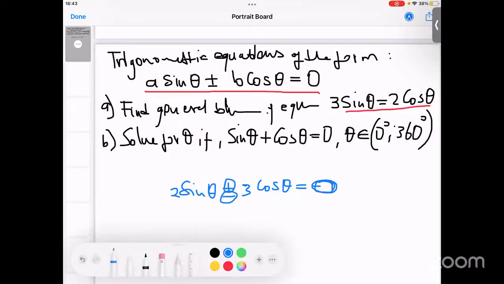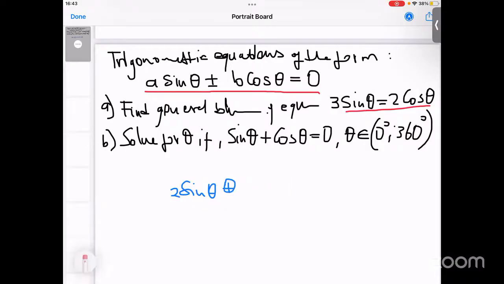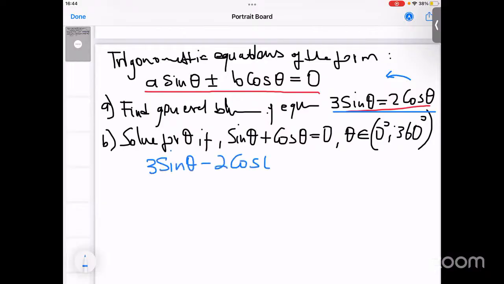So there it could be a minus or it could be a plus. So how do you deal with this type of problems? This is what I'm going to show you. So this one that you are given, you may say it doesn't look like that. It does, because if you take this to the other side, it therefore becomes minus. So it's like you are given 3 sine of an angle minus 2 cos of an angle, which is equals to 0.